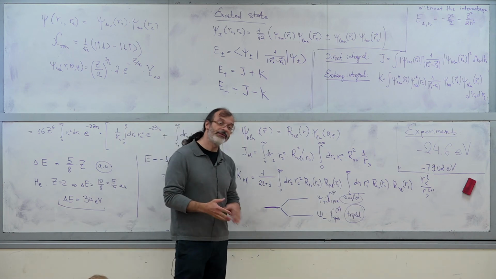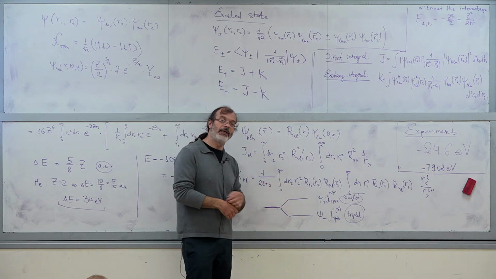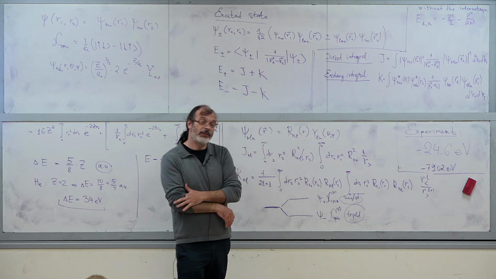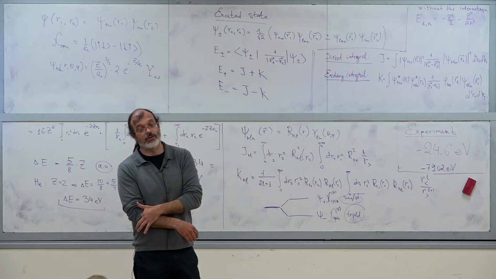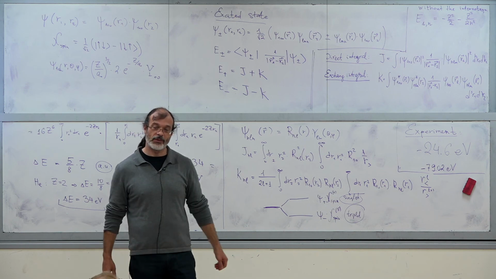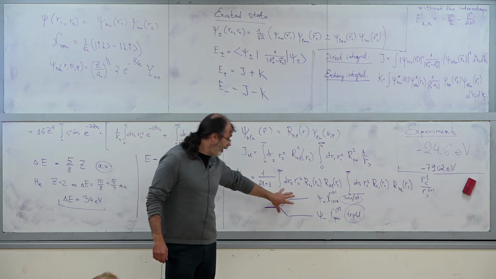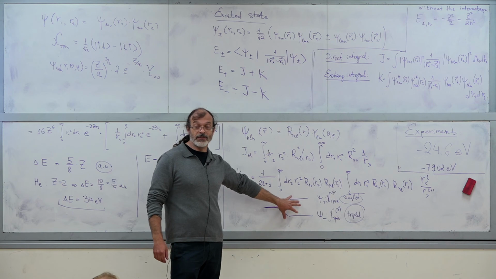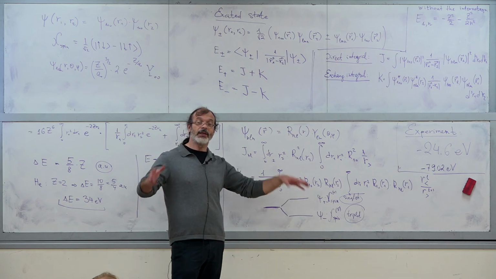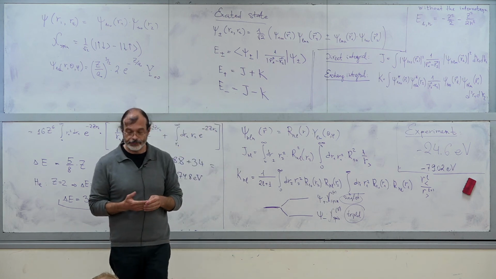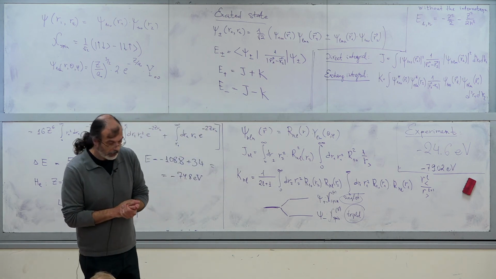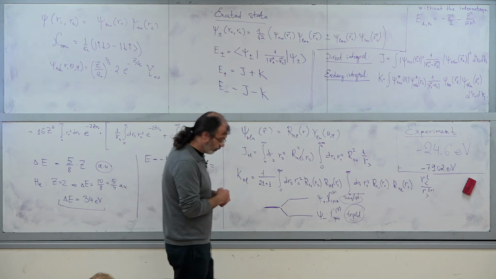This is a purely quantum effect, and you can see it in as simple a situation as the helium atom, right? So we don't need a very strong and very complex environment of solid state physics. And this is the explanation of two different spectroscopy lines in helium atom.